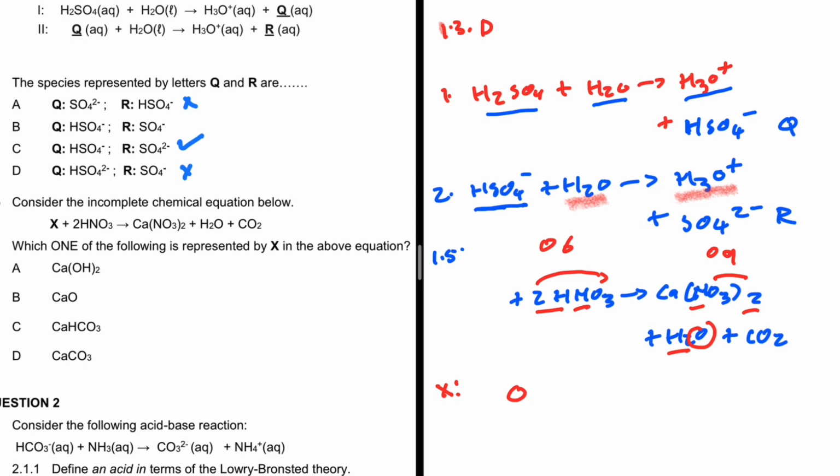And then when we move to the right hand side, we have calcium on the right hand side, and on the left hand side we have no calcium. So we know that at least we need Ca as part of X, some way somehow, right? We don't know how it will look, but we know that we at least need calcium on the left, right? So that is Ca.